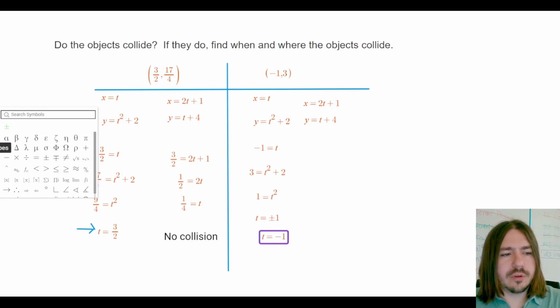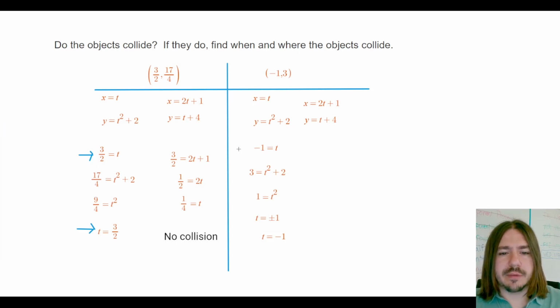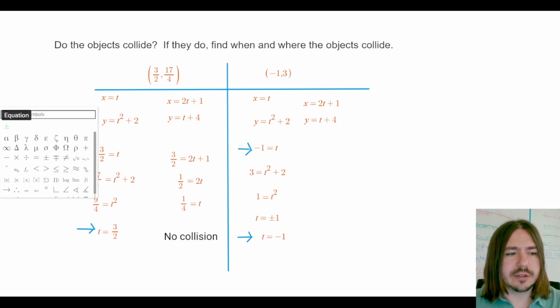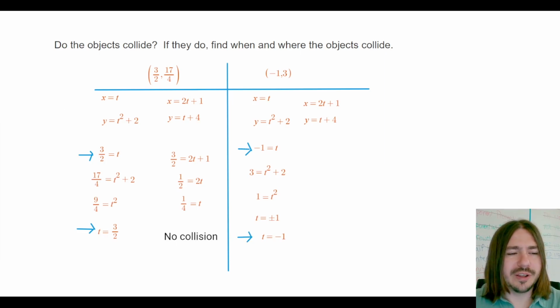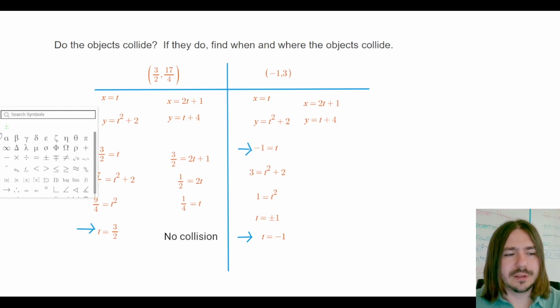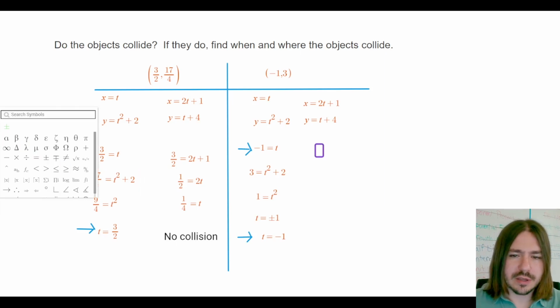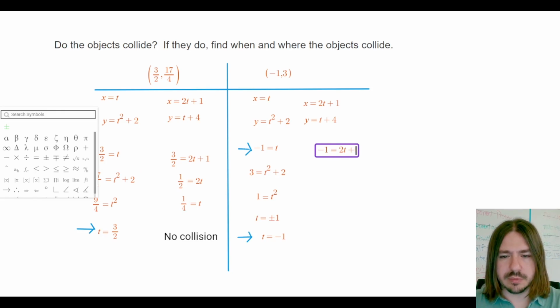Okay, so now we see that we got the same time here for the first object. So that checks out. Time is -1 for that first object. Let's check the second object. It's going to be kind of disappointing if we don't have a collision, but sometimes that's just how it works out. So for the second one, I get x, which is -1, equals 2t plus 1.